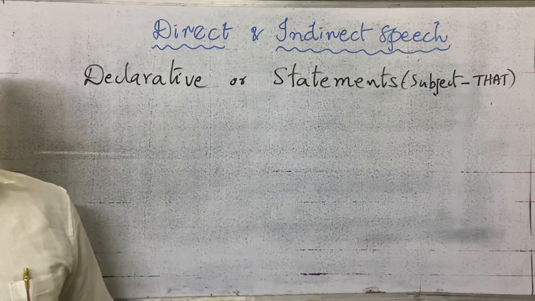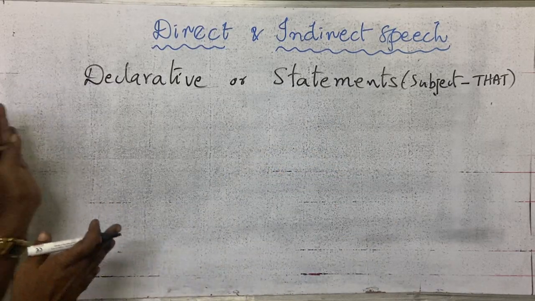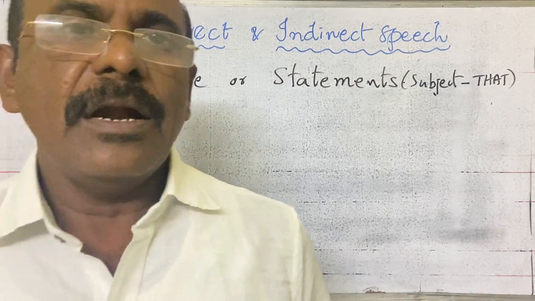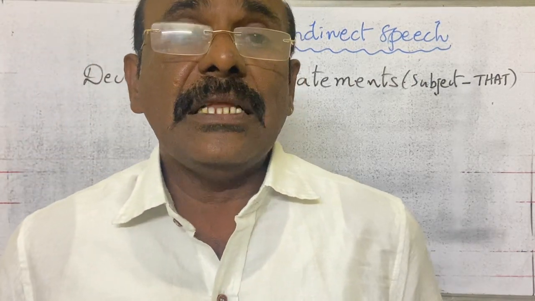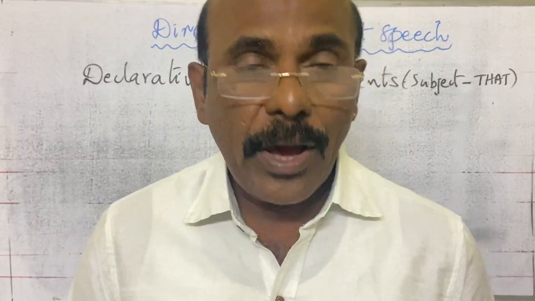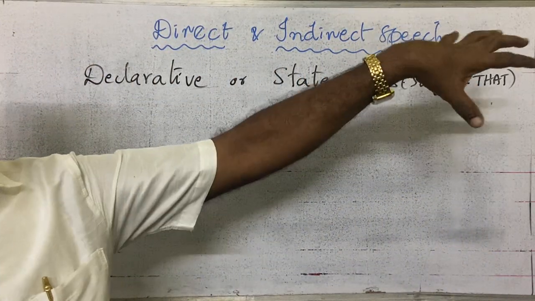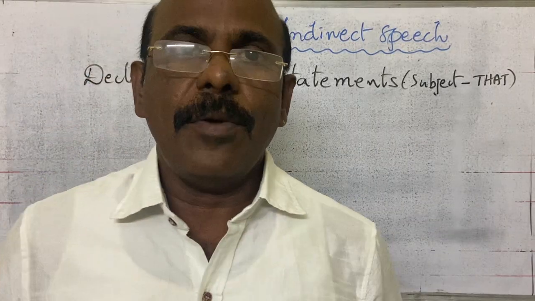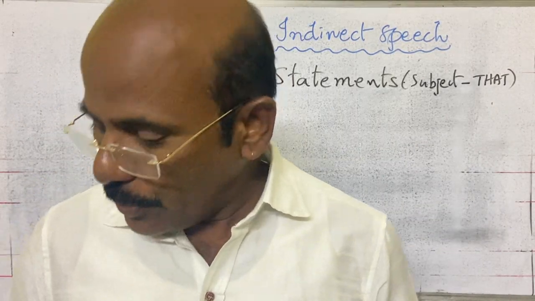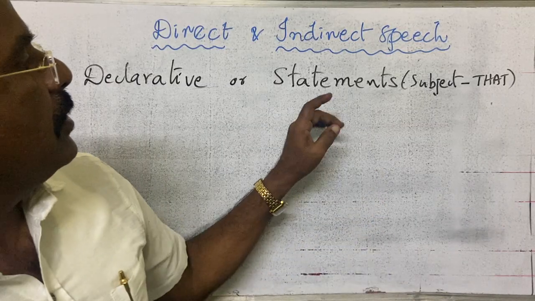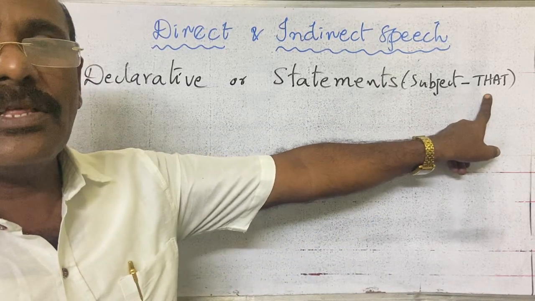Before we enter into verifying this model, some rules are there. Direct speech, you know already, is in inverted commas. While we are writing indirect or reported speech, we remove the inverted commas and use the conjunction "that".